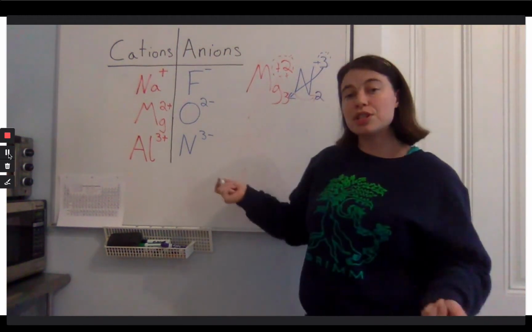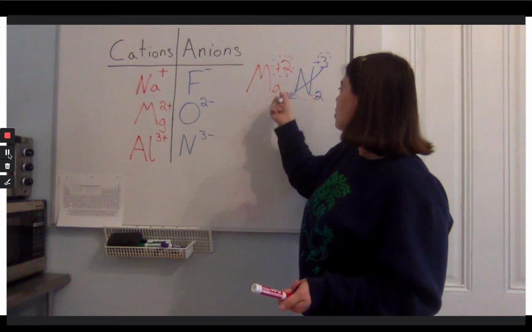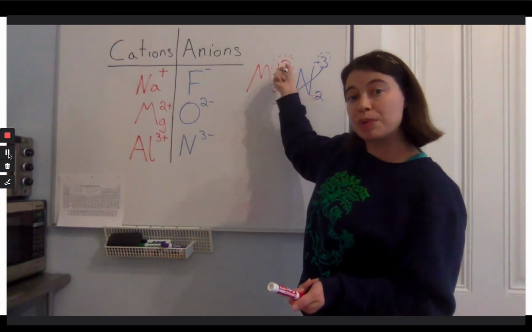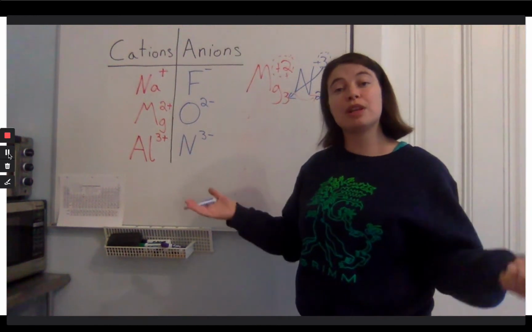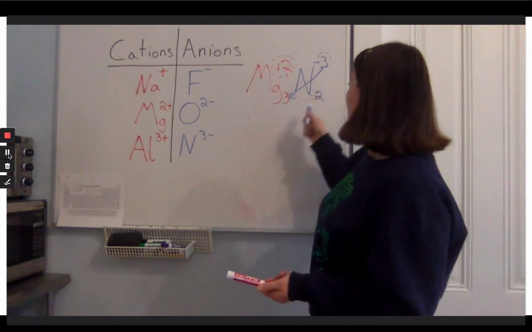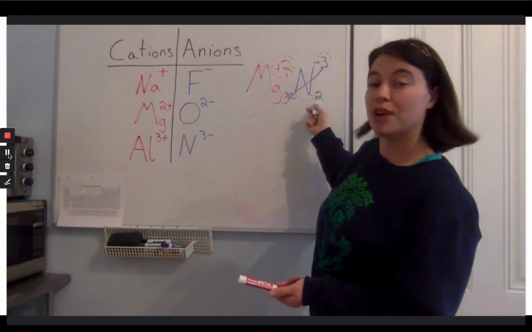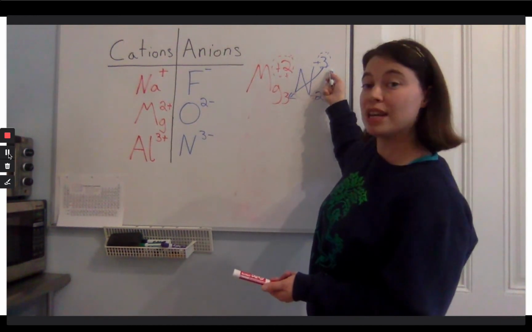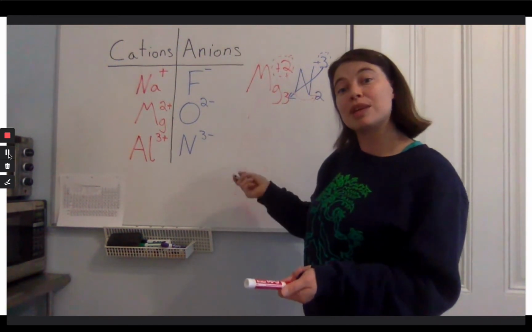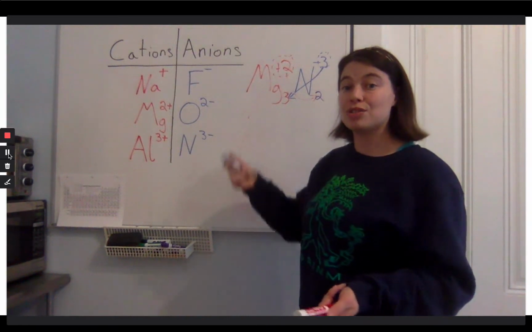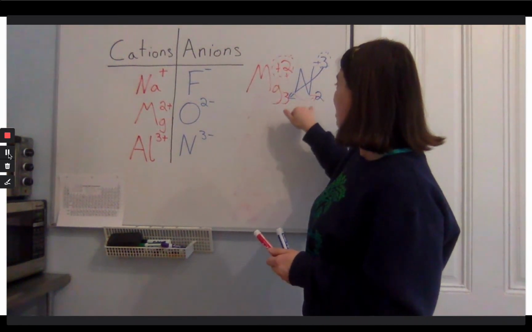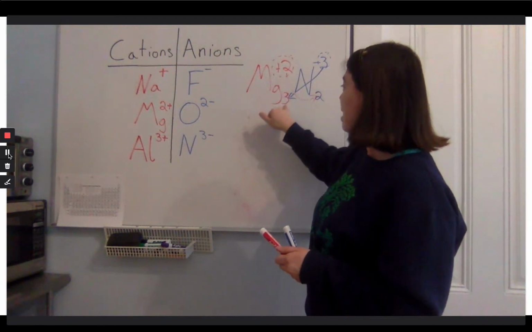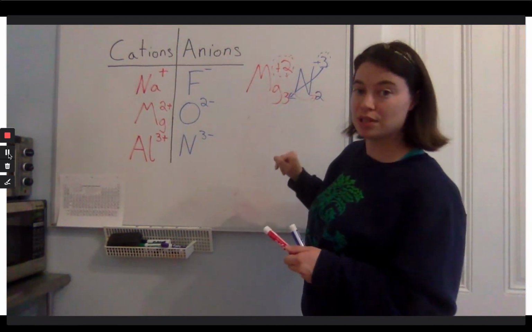And the important thing to notice here is if I have 3 magnesiums, each of which is +2, then I've got +2, +2, +2, a total of 6 positive charges. And if I've got 2 nitrides, each of which is -3, I have -3, -3, that's 6 negative charges. So that balances each other out. So magnesium nitride is made out of 3 magnesiums and 2 nitrogens.